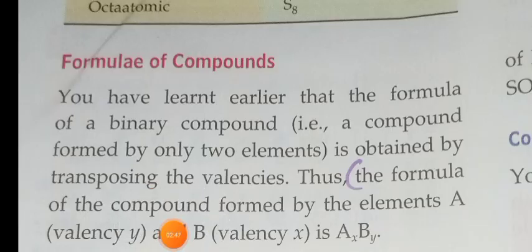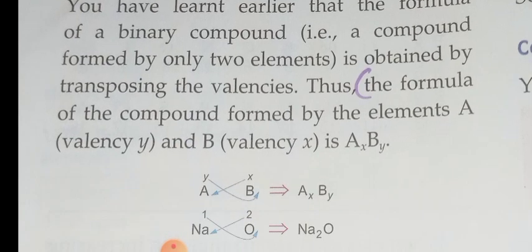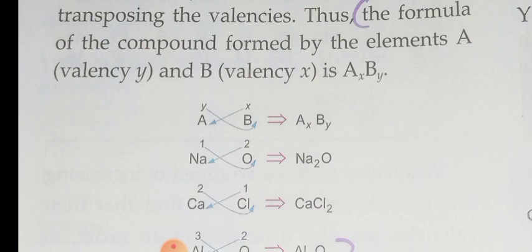Now the formula. What is a formula? A formula represents a molecule of an element or a compound. It gives the number of atoms of the same or different elements present in a molecule.